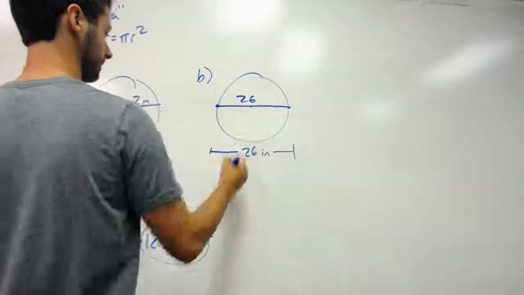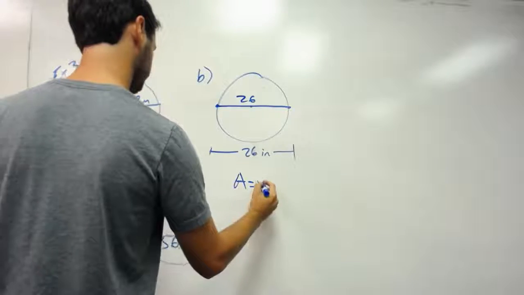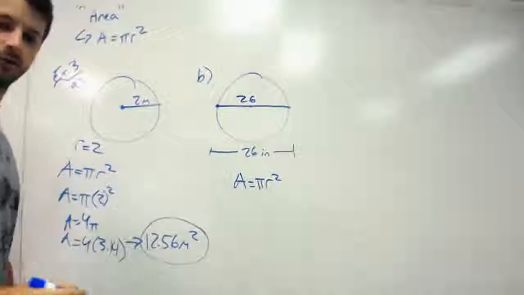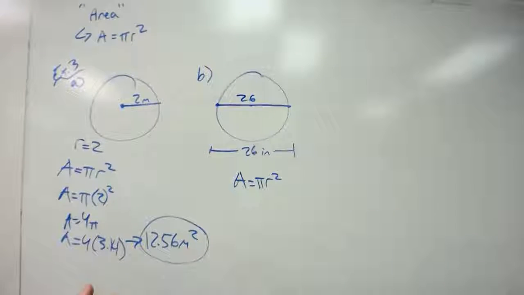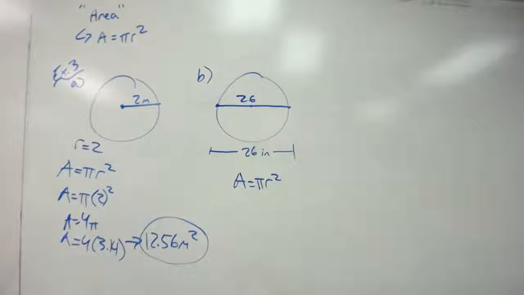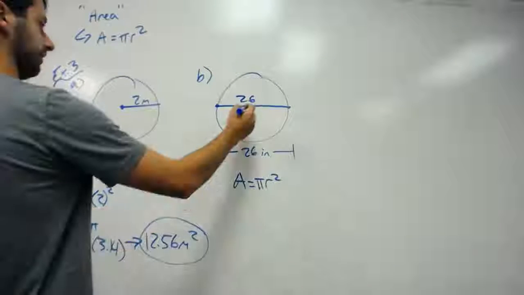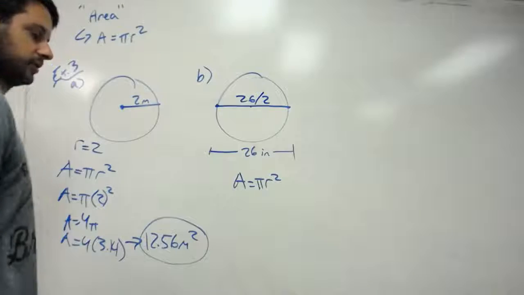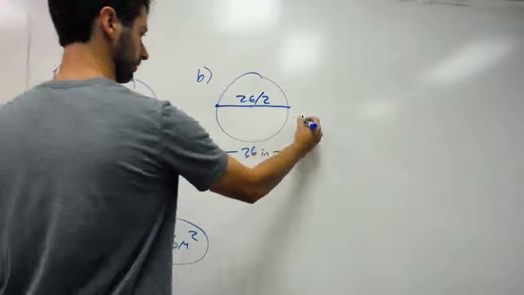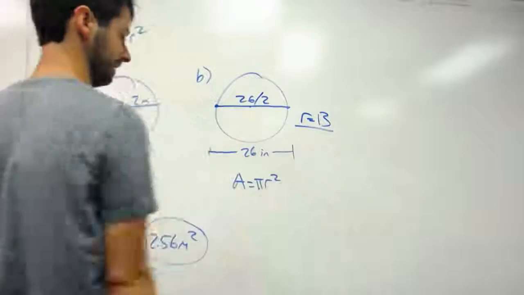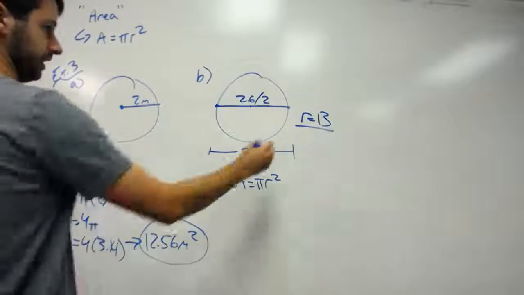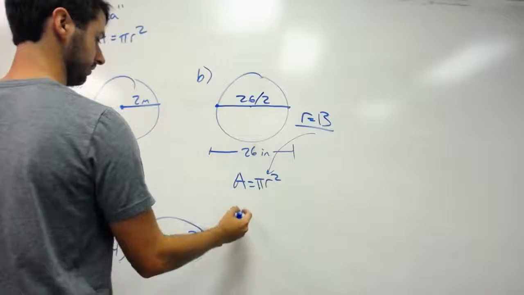So this is 26. However, in the formula for area, we need radius. So what would the radius be in this circle? The radius is just the diameter divided by 2, so your radius equals 13. Now we can plug that in and solve.